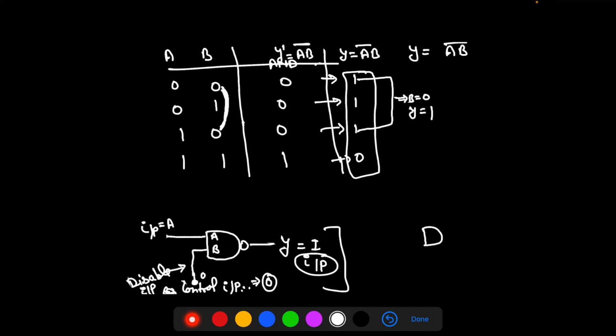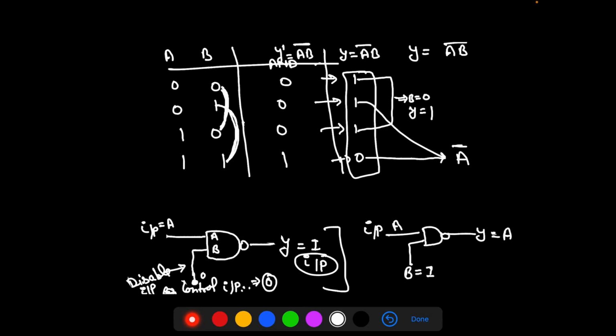In the second scenario, when our control input is 1, in our truth table the output is exactly the inverse of our input. Meaning when control input B equals 1 and the other input is A, our output equals A bar. It is an enable input.